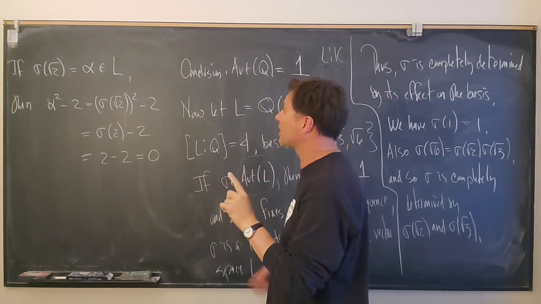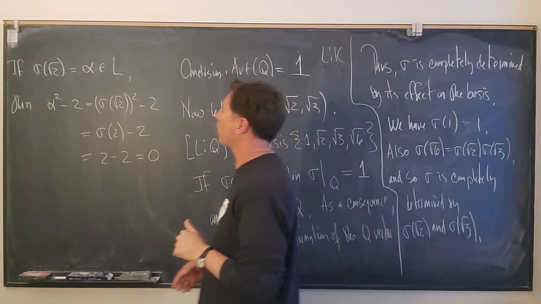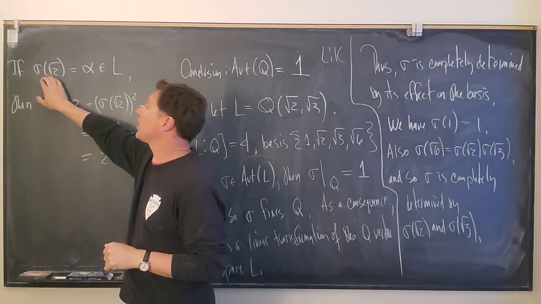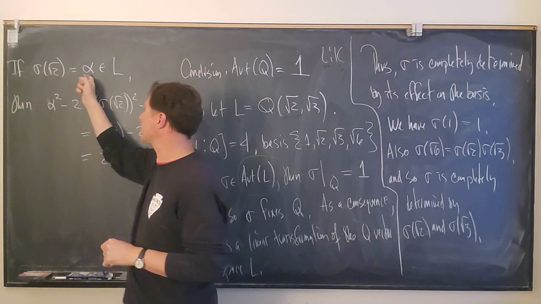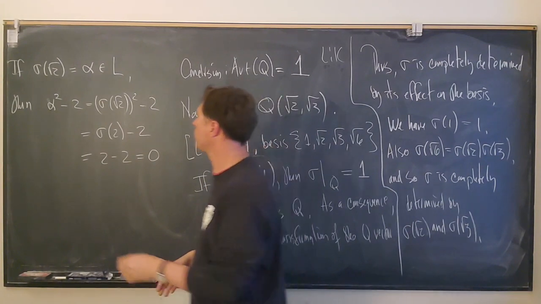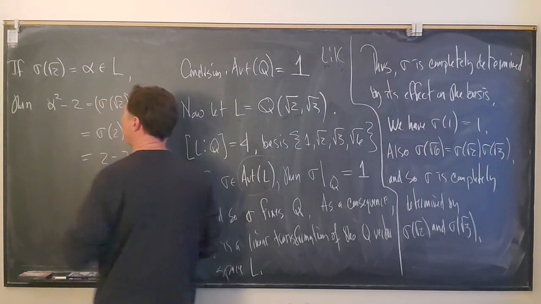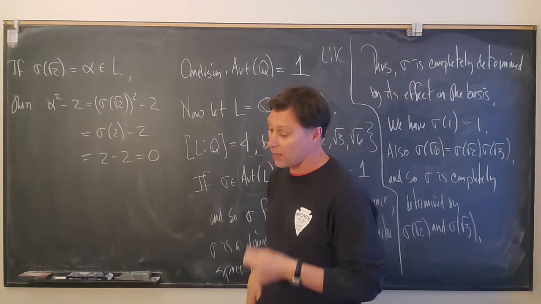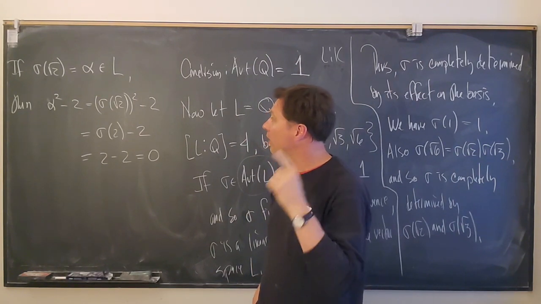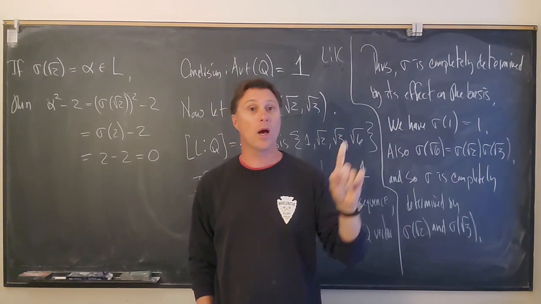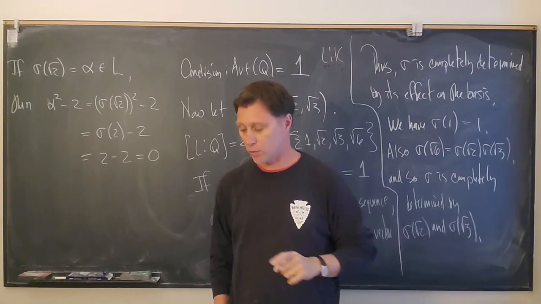In other words, what is that telling us? We are extremely restricted on where we can send square root of 2. It has to go to a root of the polynomial x squared minus 2. In other words, sigma of root 2 can only be positive root 2 or negative root 2.